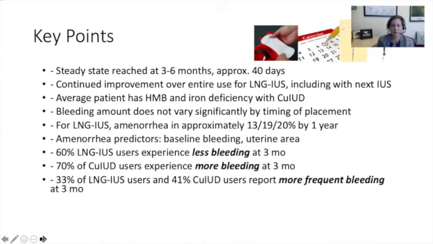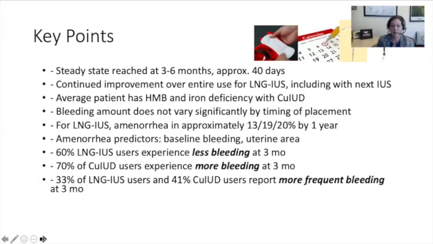The average patient has heavy menses and iron deficiency with copper IUD, but most appropriately counseled IUS patients are satisfied with that, and most have improvement over the second 90-day reference interval of use. Bleeding doesn't vary significantly by timing of placement, either initially or up to the second 3 months, by parity or by recent pregnancy.